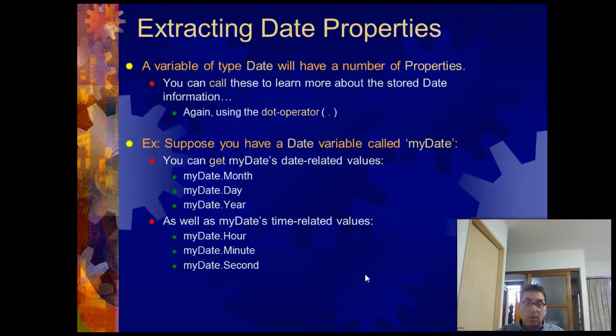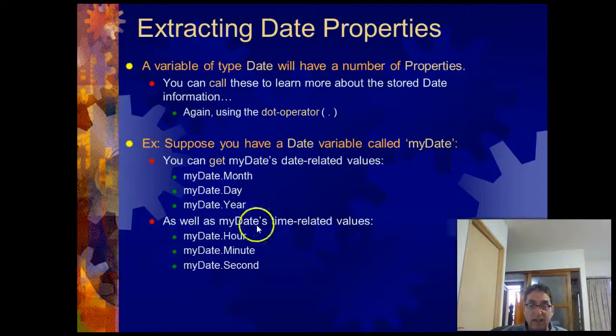So, extracting date properties. Remember that two screens before, we said that strings have properties, and they also have functions associated with them. So we had a string, it had a Length property, and it had a Substring function. So dates, if you assign a variable to be a date, will have some properties associated with it.